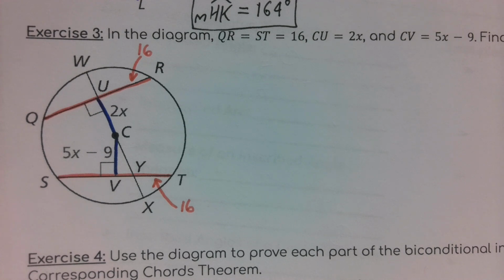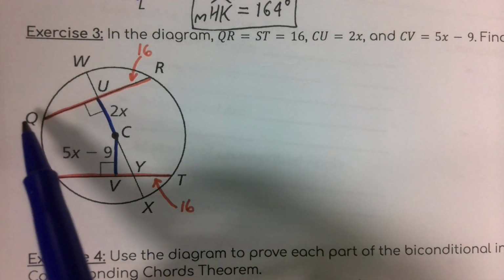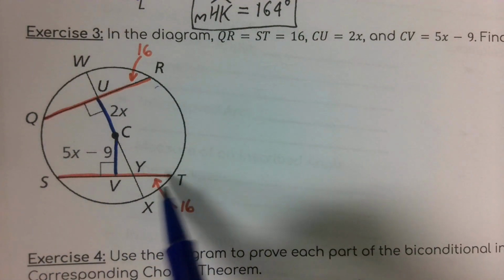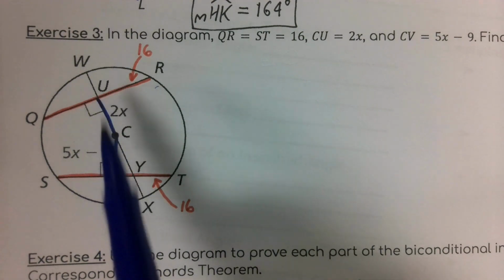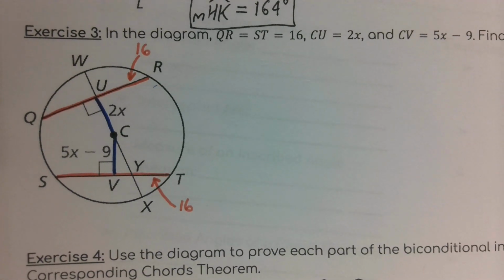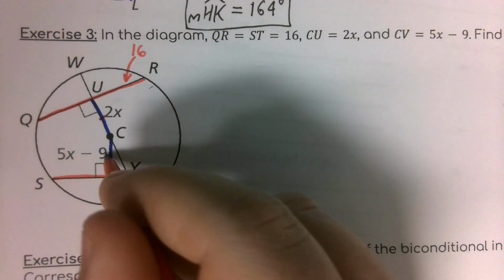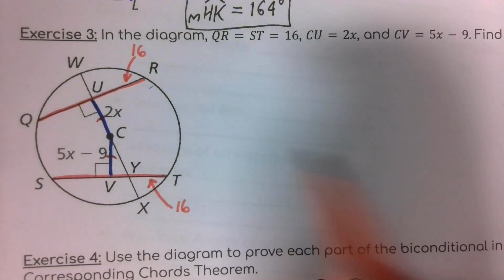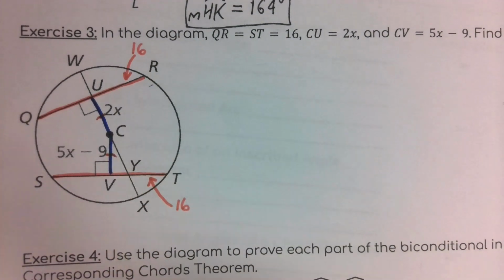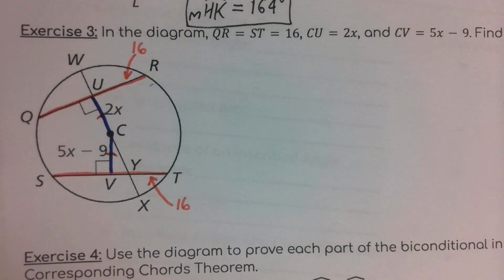However, we can do so. Remember we just said, if two chords on a circle are congruent, what does that mean about their distances from the middle? Well, it means that they're congruent. So 2x and 5x minus 9 are congruent to each other.